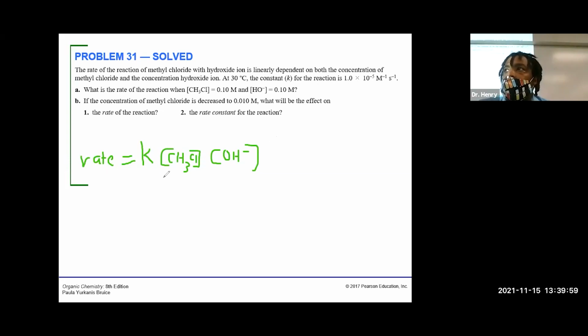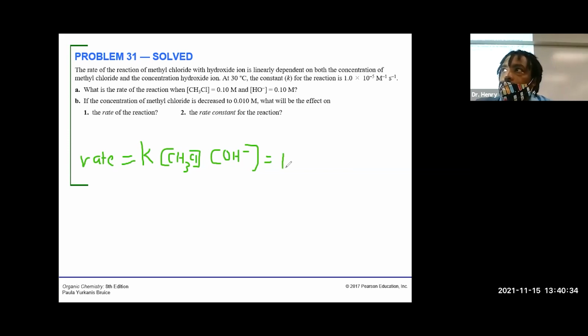So now that we know the constant, it's the same thing. It means the same thing. This book just likes to write it backwards. And we have the constant, so we just plug everything in.